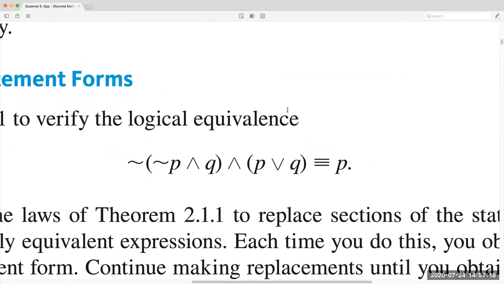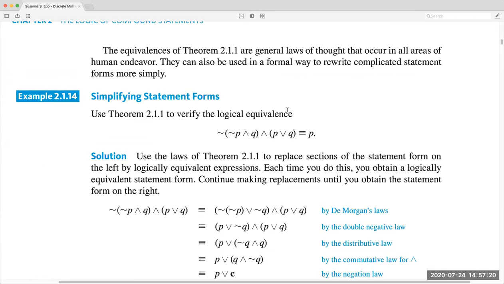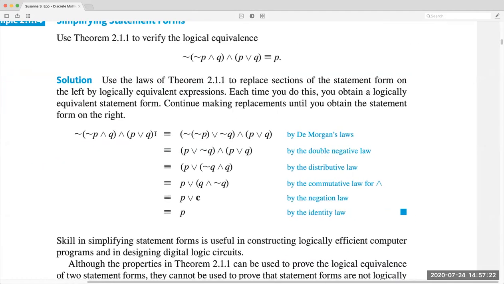But except using a truth table, we can use a mathematical method. You may have a look here. Do you know what it's doing in the first step? It replaces this one by this one.